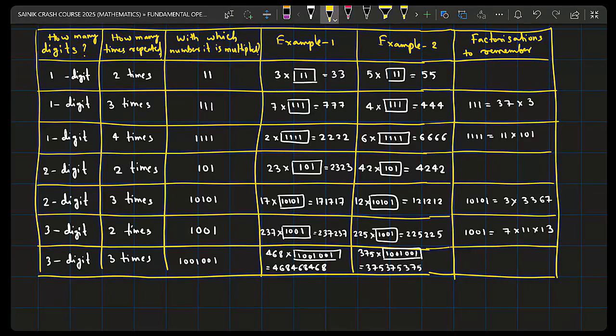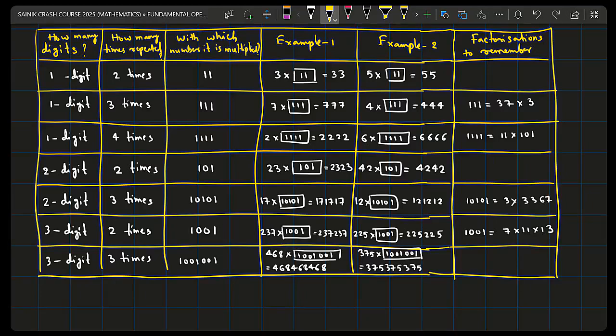Manaswini, what is your doubt? Sir, the 3-digit last line. Three digits repeated 3 times. You take any 3-digit number and you want to repeat it 3 times, so you should multiply by 1001001.